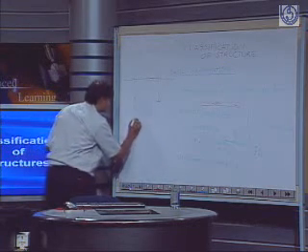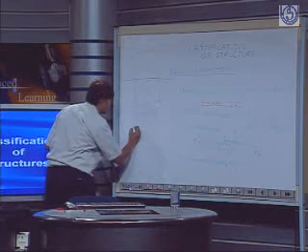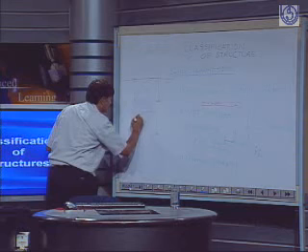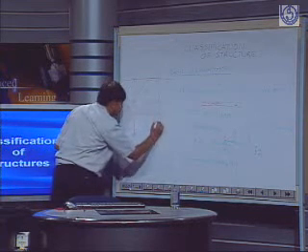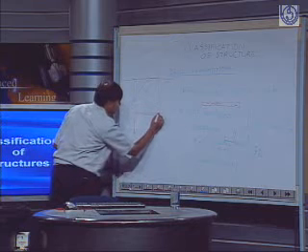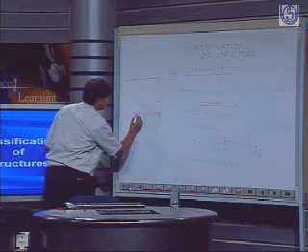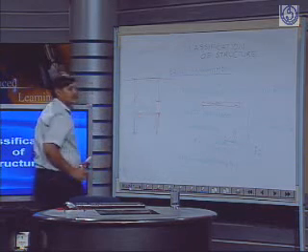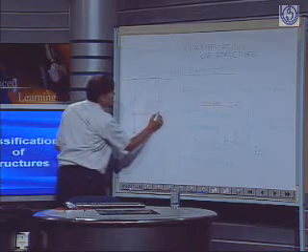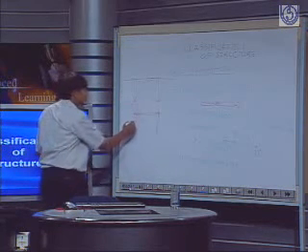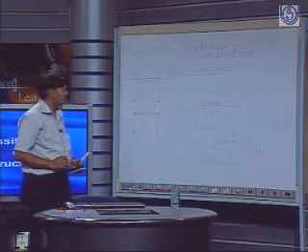In this type of analysis, only small deformations will take place, so that these angles are unchanged, and these deflections are also very small as compared to the length or the prominent dimension of the structure.